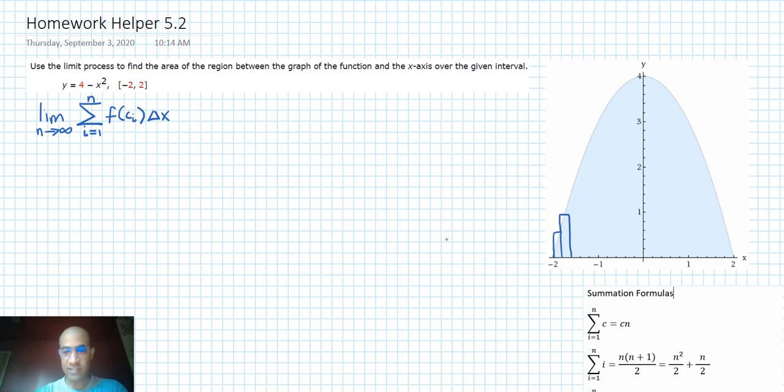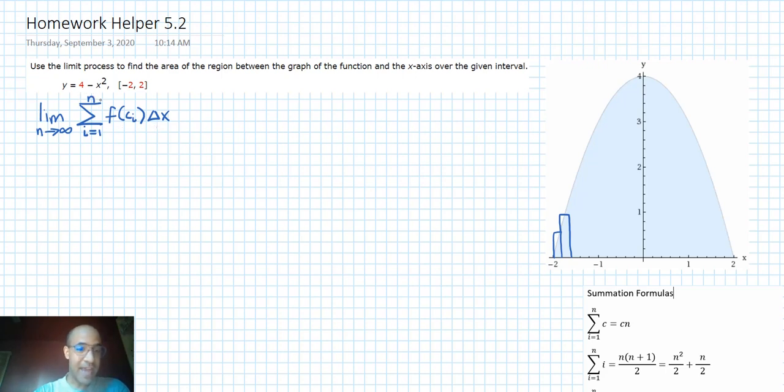Delta x is the change in x for each rectangle, so it represents the width of each rectangle. And f of c sub i represents the height of each rectangle as we move along. So f of c sub i times delta x is the area of each rectangle, and we're summing all of those areas together.